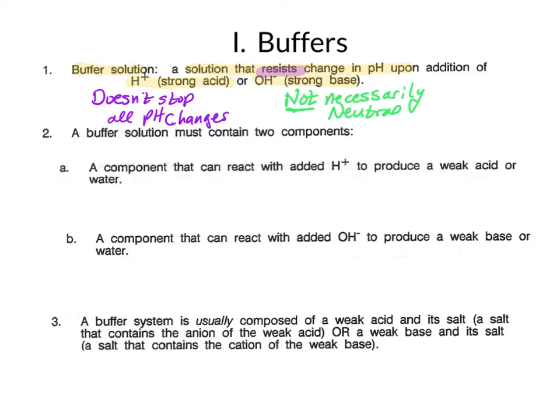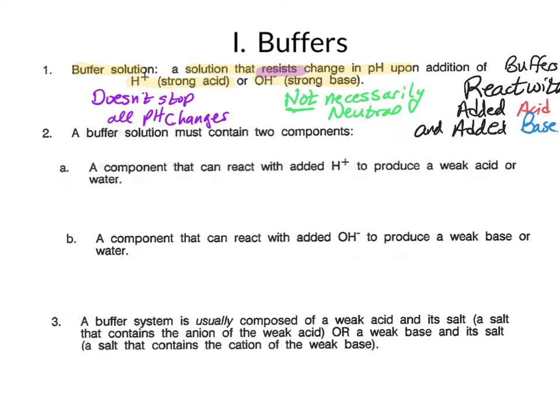How does a buffer work? Well, buffers work by reacting with any added acid or base to make them become more neutral so that the pH does not change. In a buffer solution, it has to have two parts. It has to have one part that reacts with any added acid, H+, and another part that reacts with any added base. In these cases, what it tends to produce is more of what was already in the container.